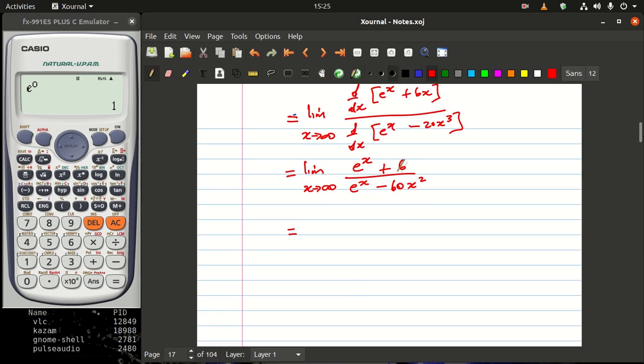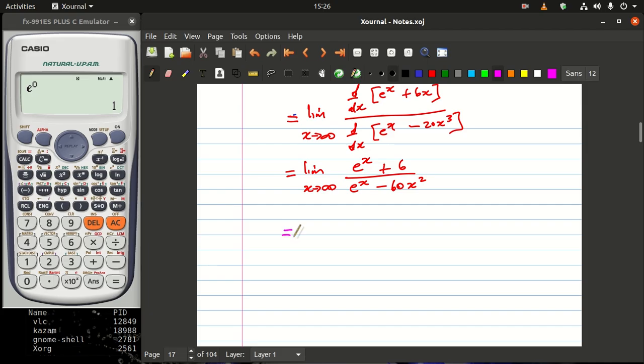And then when you look into this one here, you can see in the numerator I still have infinity, because e to the power infinity is just infinity, infinity plus 6 is just infinity. In the denominator you can see that this one is increasing faster, because every time we're taking a derivative, this one we are actually not getting there.